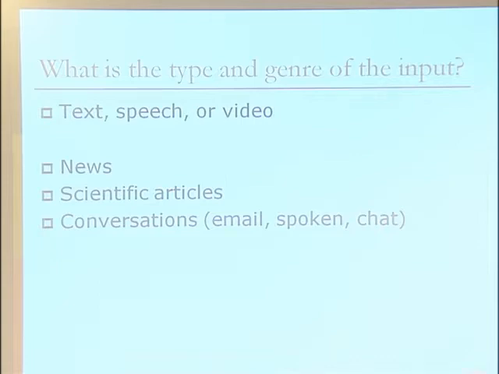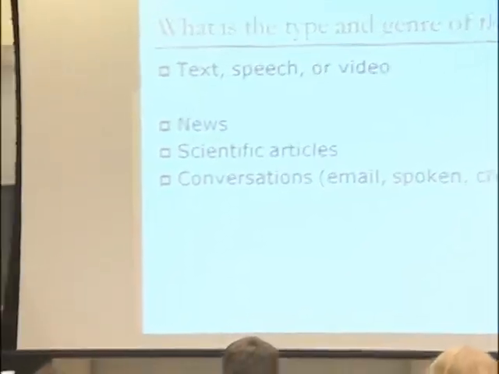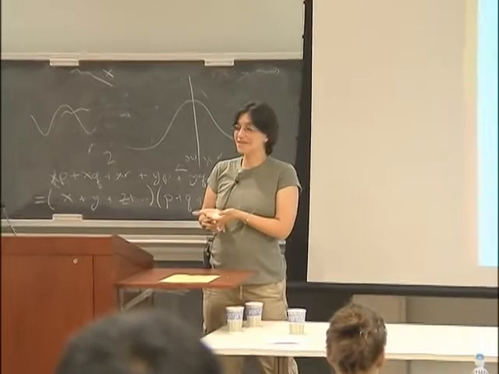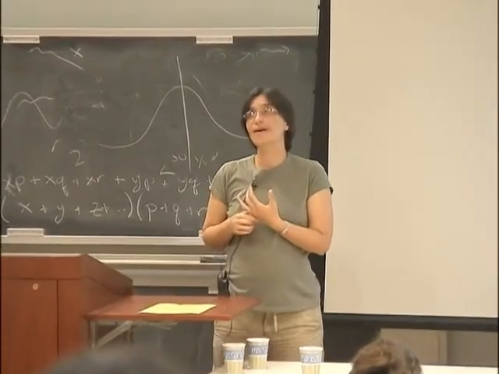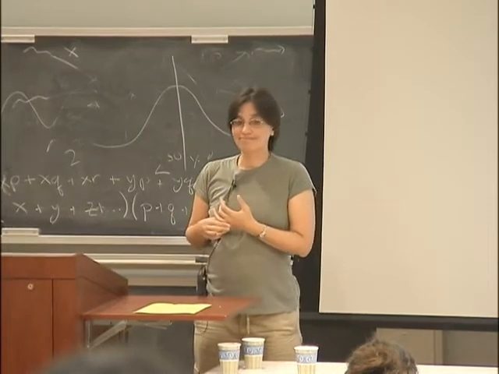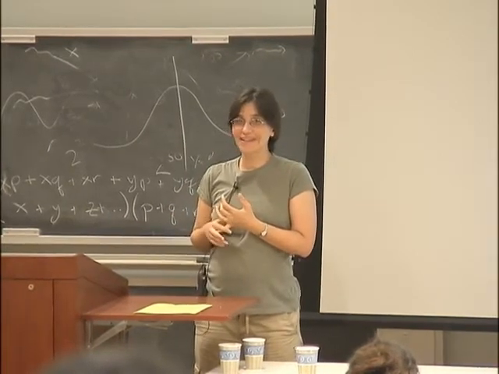Some of the types of genres are news. A lot of the research has been done on news, and also scientific articles. Thinking about applications, I think scientific articles would be much closer to the heart of most people in this audience, right? Who follows news? Intelligence analysts, people on Wall Street.